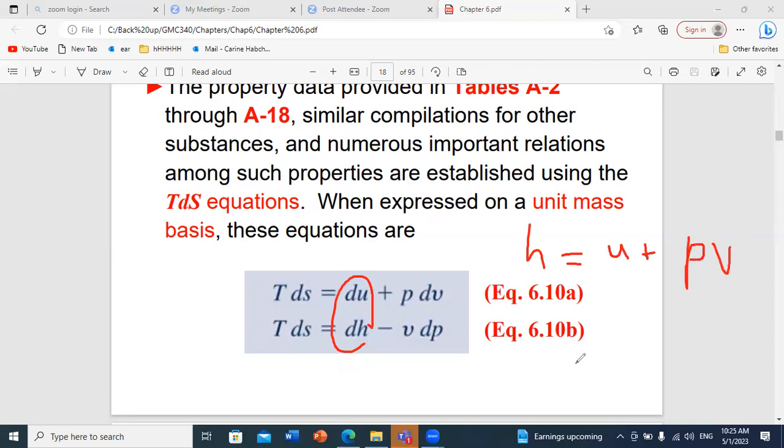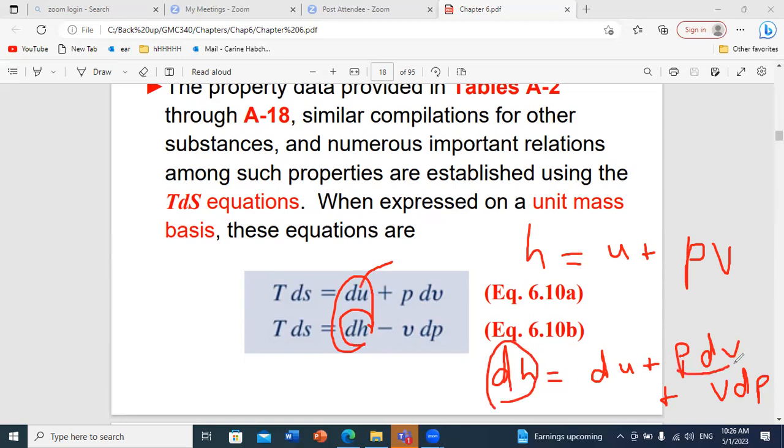So dH is equal to dU plus PdV plus VdP. Then if you just replace dU by dH minus PdV minus VdP, this term will cancel out.